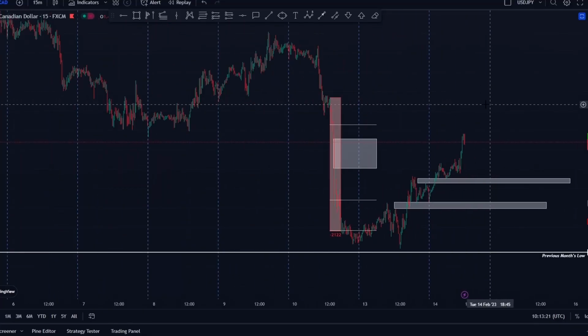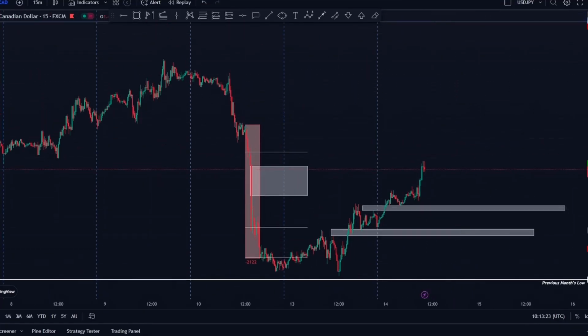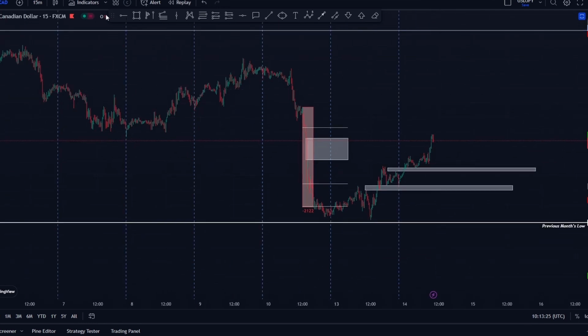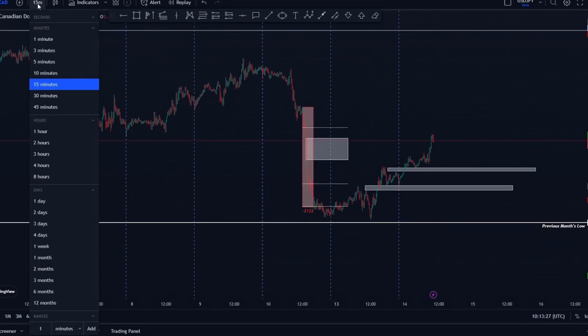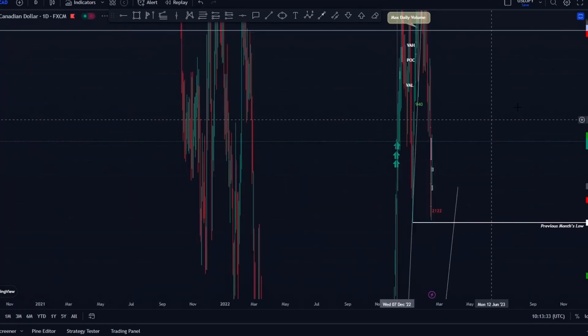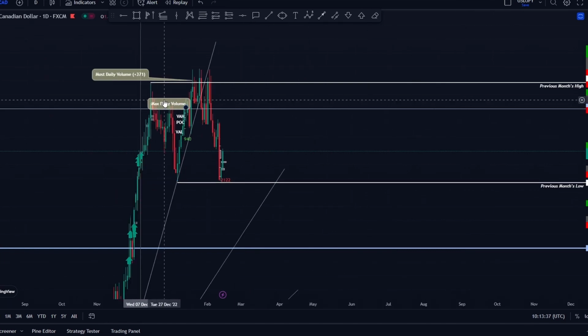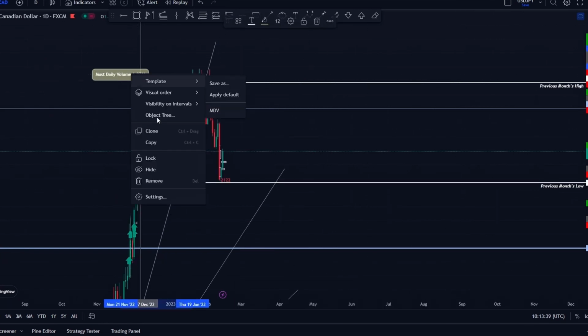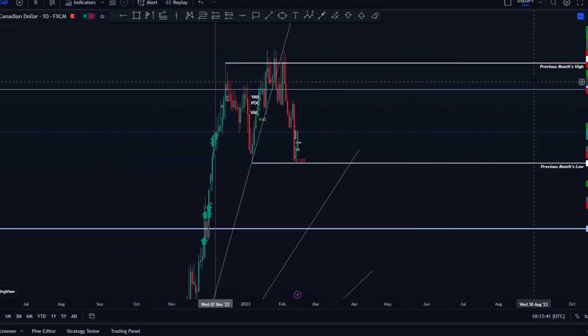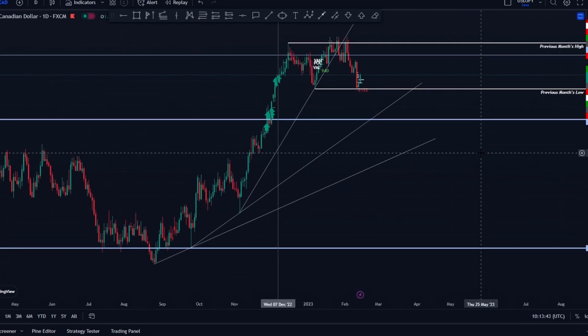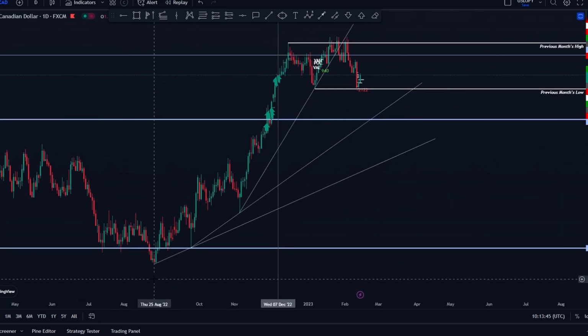What's up, guys? I just thought I'll give you a quick technical breakdown of a potential trade I see setting up on EuroCAD. And if we just go up to the daily time frame, you can see that EuroCAD has been in a massive uptrend, started from the 25th of August 2022.